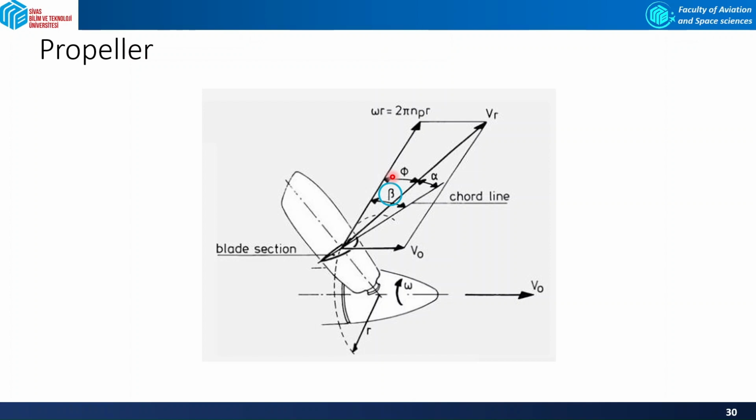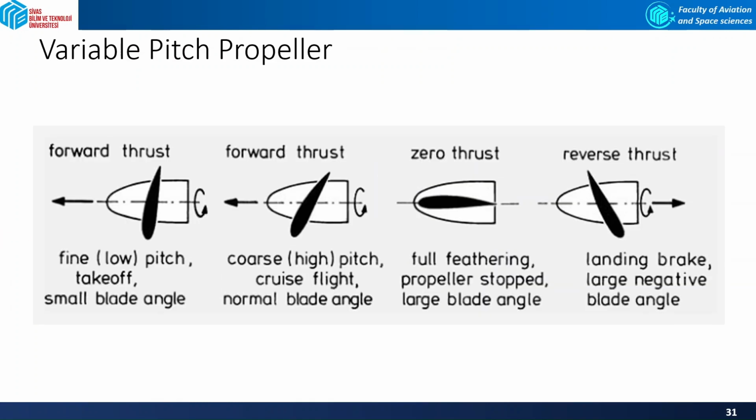The most important thing is that an increase in flight speed will result in a decrease in angle of attack, and thereby in a change in lift and drag in the propeller. Most modern propellers have a constant rotational speed, and they have variable geometric pitch.